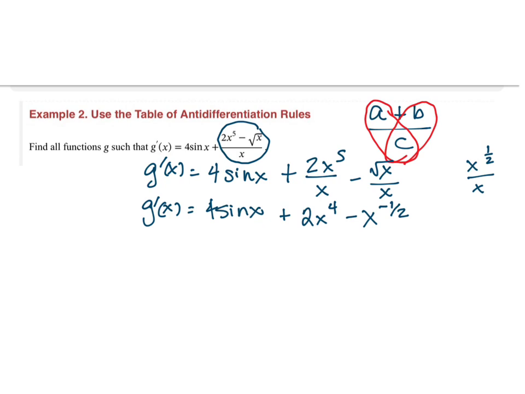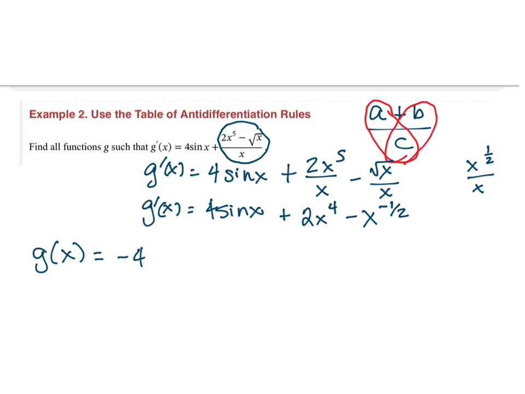Okay. So term by term here, g of x is going to be, let's do the antiderivative of 4 sine x. Negative 4 cosine x. So it's going to be 4 times the antiderivative of sine x, which would be negative cosine x. Are y'all with me on that? If you're not sure, look at your table.